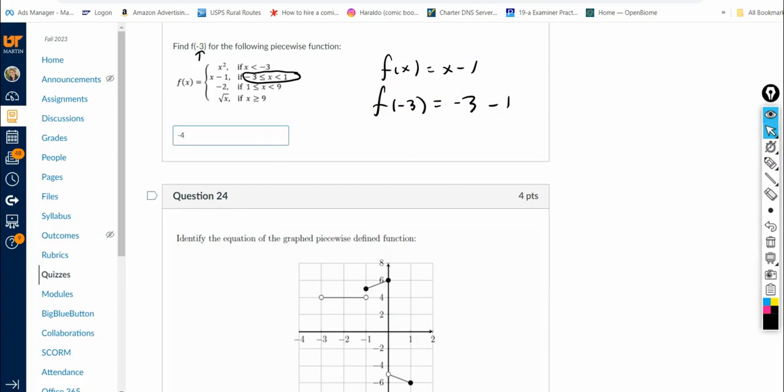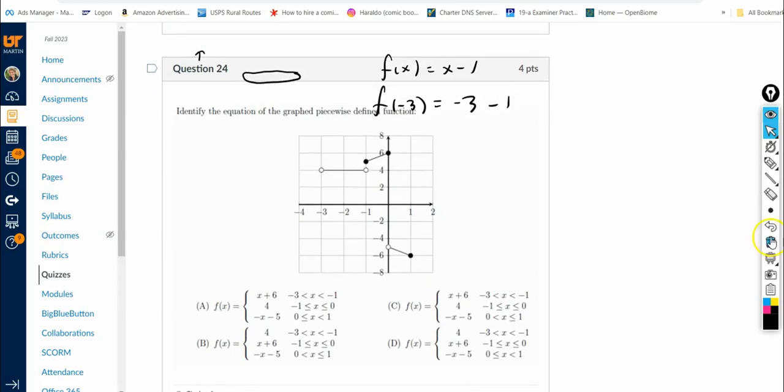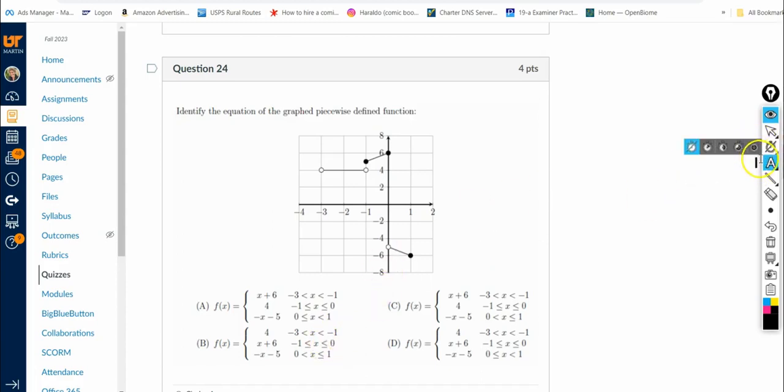And then I'm going to come down here. This is f of x equals 4 when it's between negative 3 and negative 1. All right, it's going to be that one there. That is possible, and that's not.